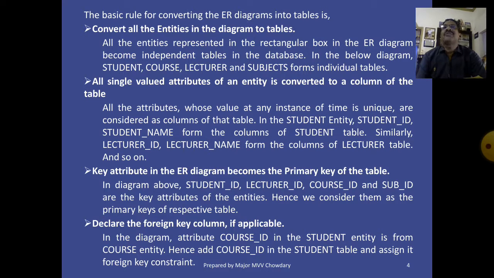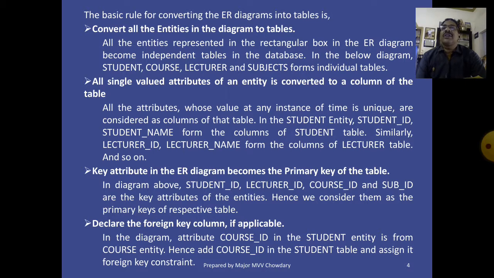So in the tables, the underline marked attribute name is the primary key.